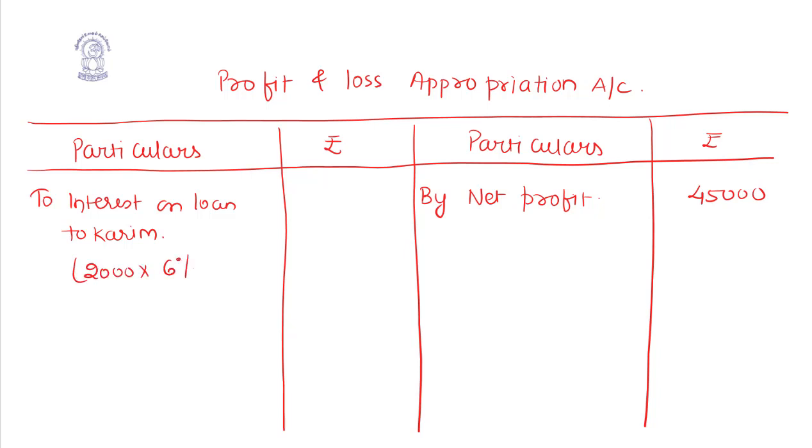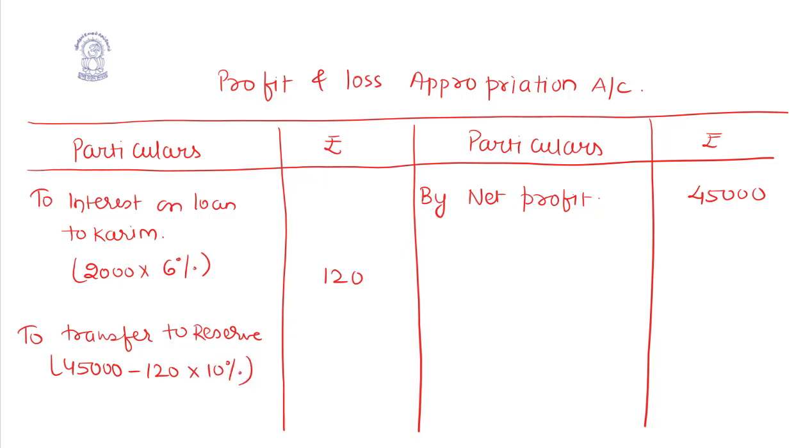2000 multiplied by 6%, 120. In reserves, 10% is to be transferred compulsorily. To transfer to reserve, 45,000 minus 120 multiplied by 10%.